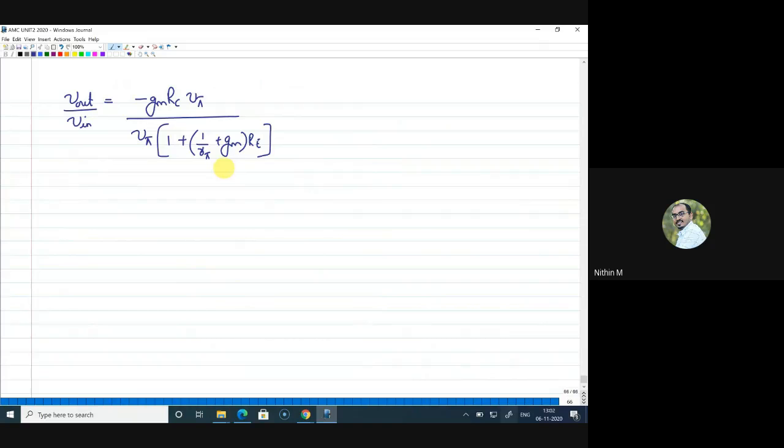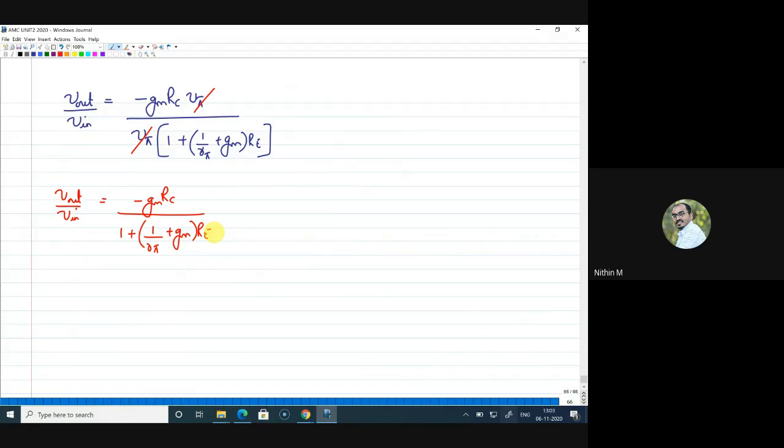This makes it very simple. V pi I can cancel. I can write V out by V in as minus gm RC divided by 1 plus 1 by R pi plus gm into RE. In fact, we can actually simplify this denominator term.